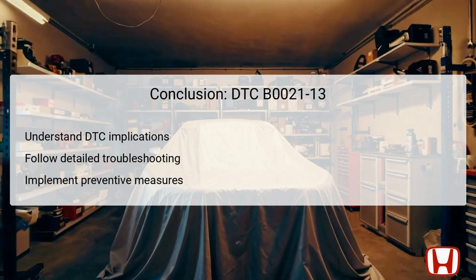Always implement preventive measures to ensure continual operability of these essential systems. Prioritizing safety and thorough checks not only aids in effectively addressing the DTC, but will also enhance the longevity and performance of the vehicle as a whole.